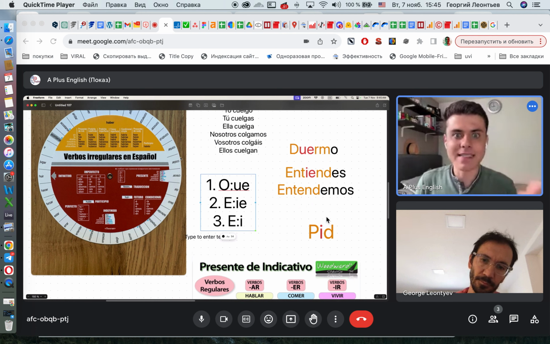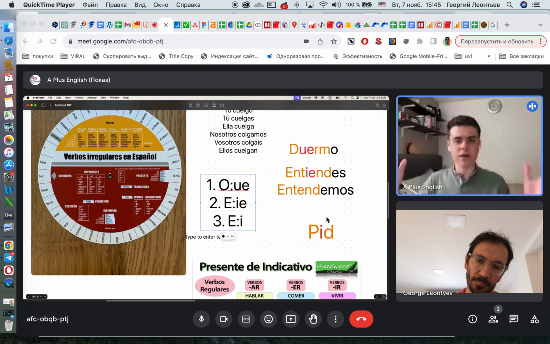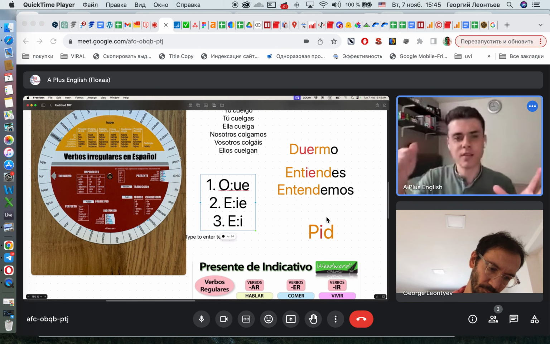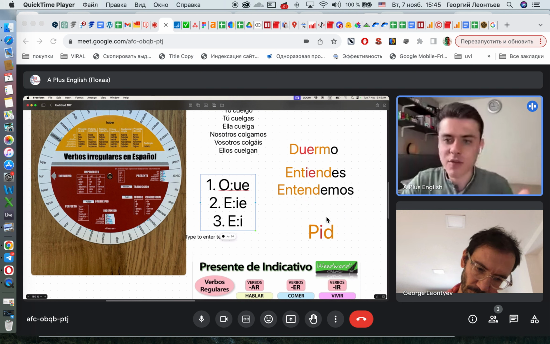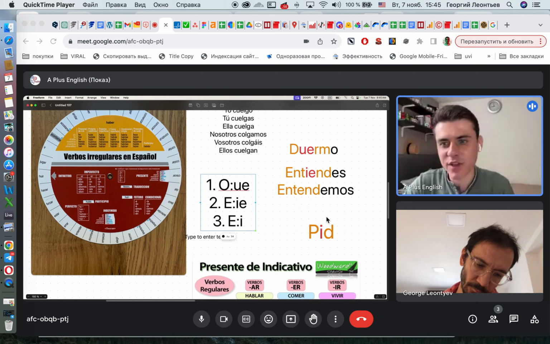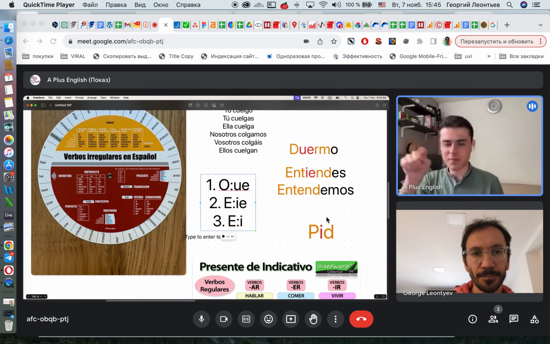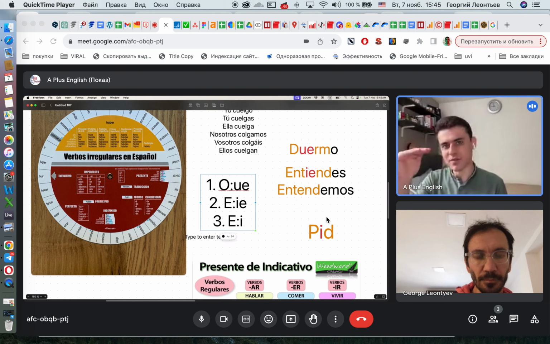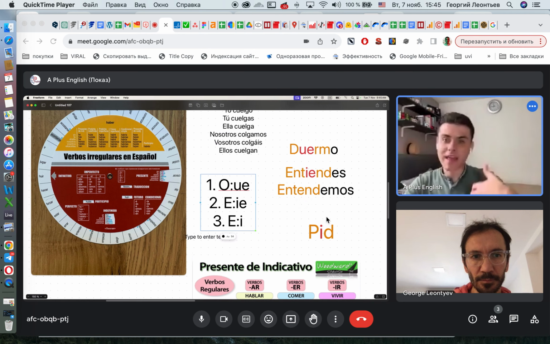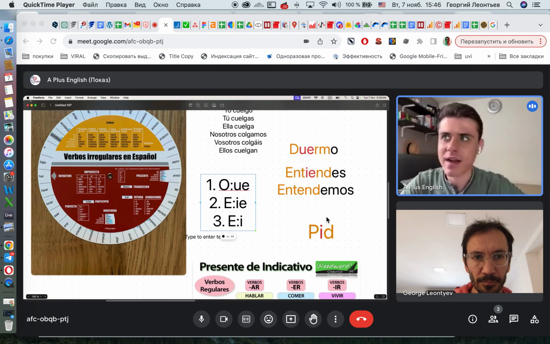So traducir, you have a Z that appears out of nowhere. Yo traduzco. Tú traduces. Él traduce. Nosotros traducimos. The verb traducir should only be irregular for the yo. And it's only irregular for the yo, the verb traducir. Everything else about the verb traducir is regular. So that's another category of verbs, right?